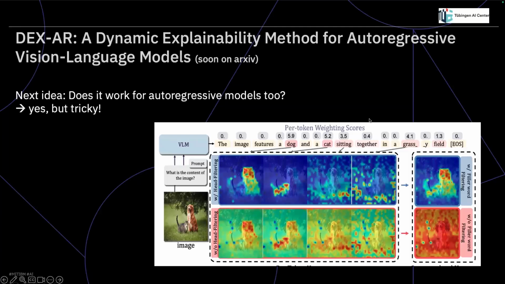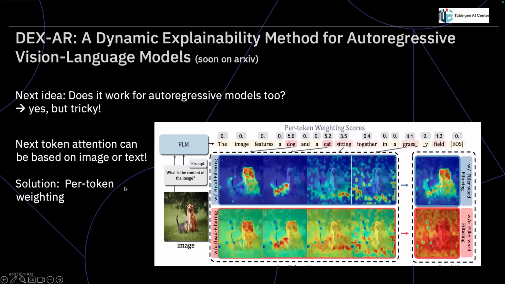And obviously, if you compute the gradient of a filler word like "and", it's first not going to give you much signal, and the signal is technically spread all over your image because there is no grounding in the image for this "and" token. Therefore, it turns out one of the most important things is to first find this per-token weighting score.